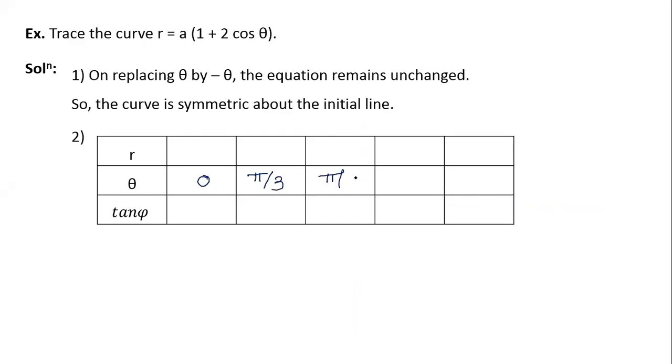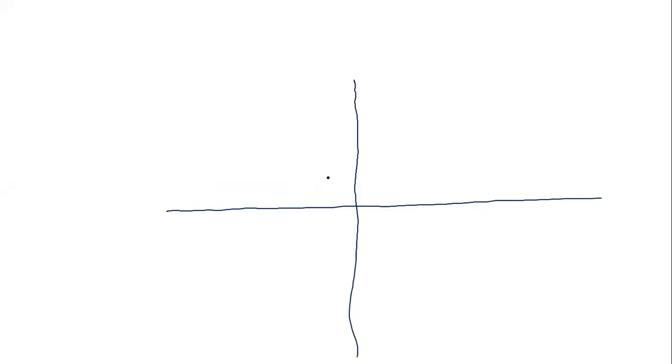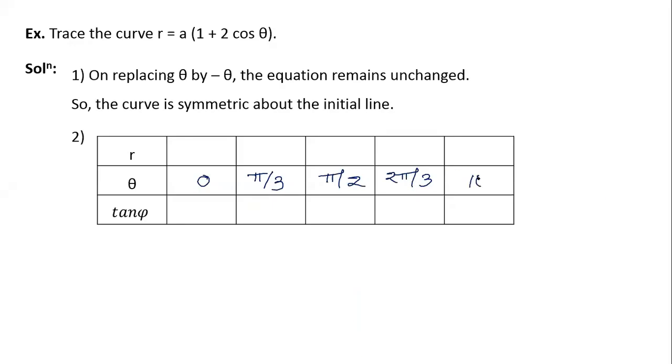After that, 90° means pi by 2, and then 120° means 2 pi by 3, and after that we will have pi.